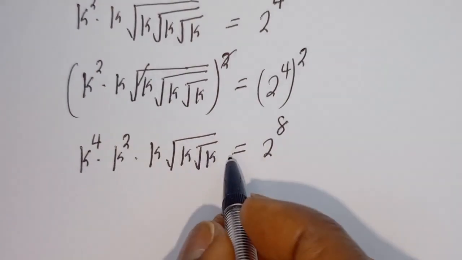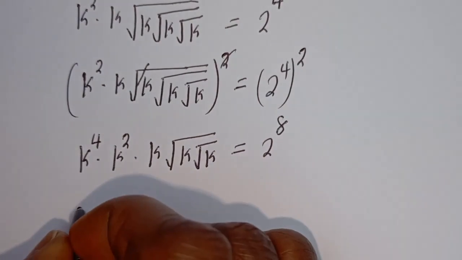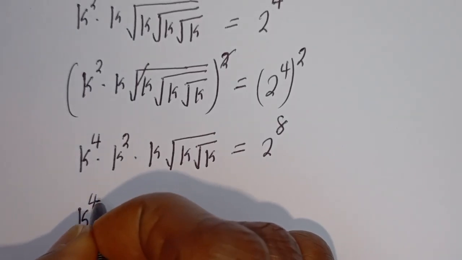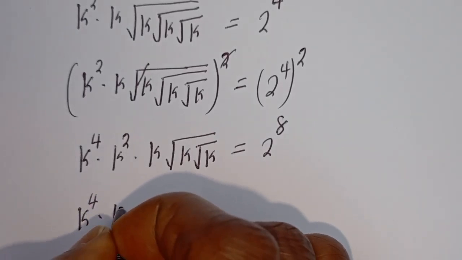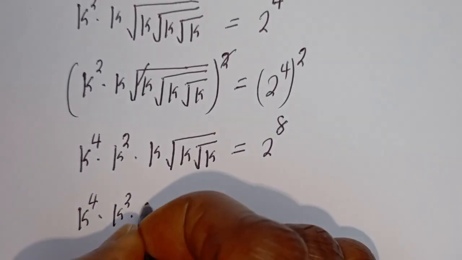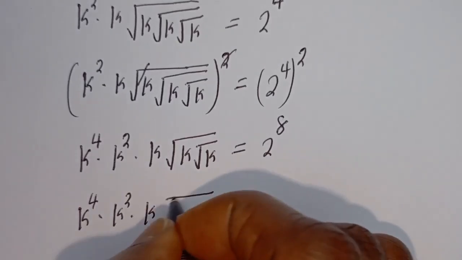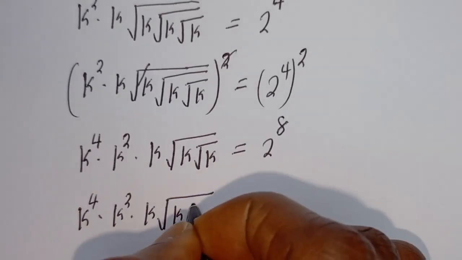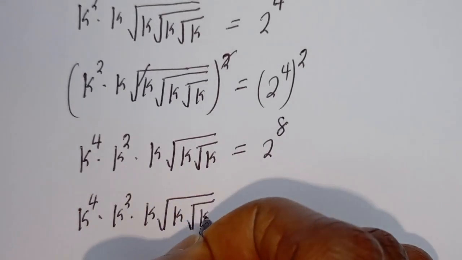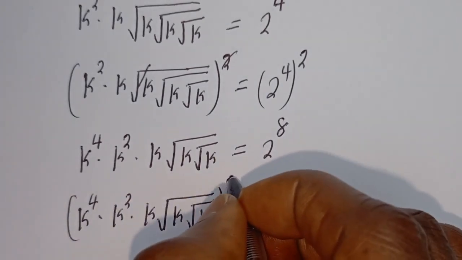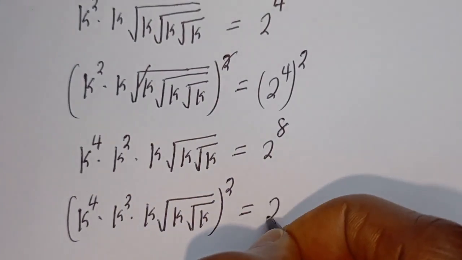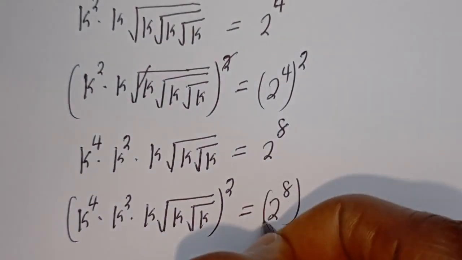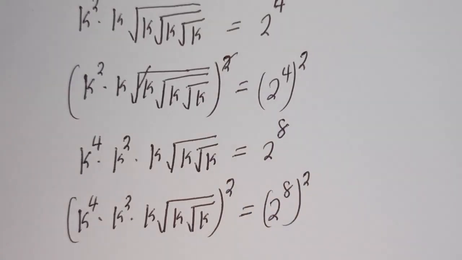Then let's square both sides of this equation again. We have k to the power of 4 multiplied by k squared multiplied by k, square root of k, square root of k, all squared, is equal to 2 to the power of 8 squared.